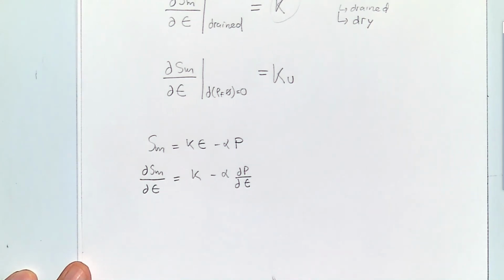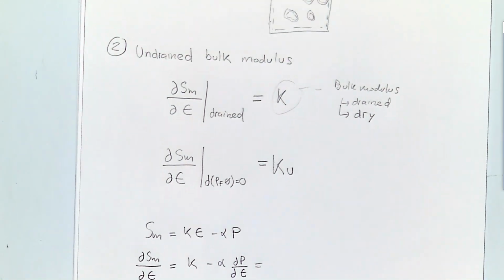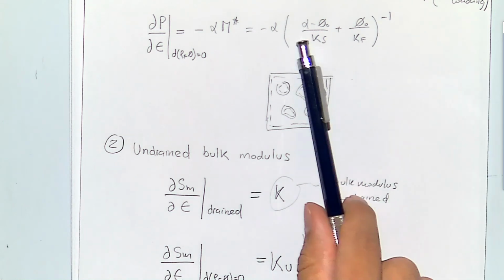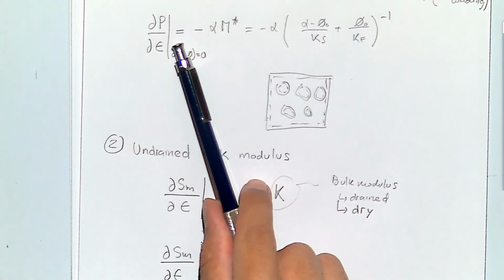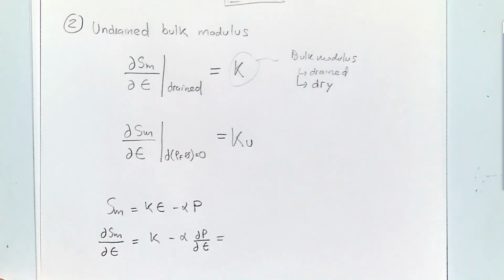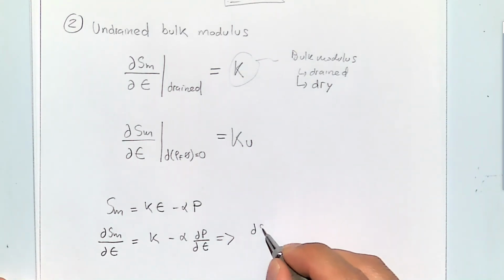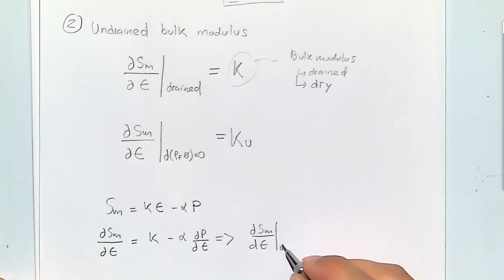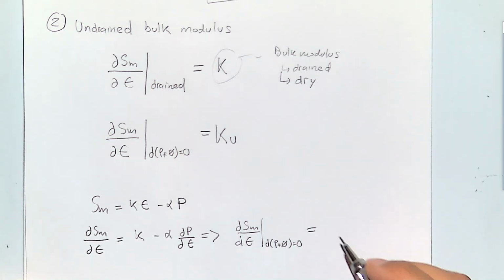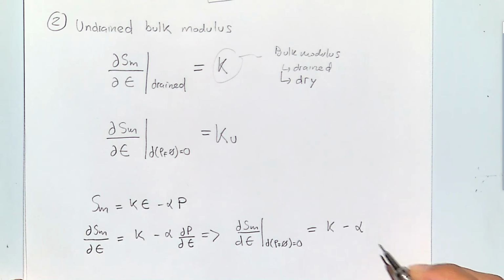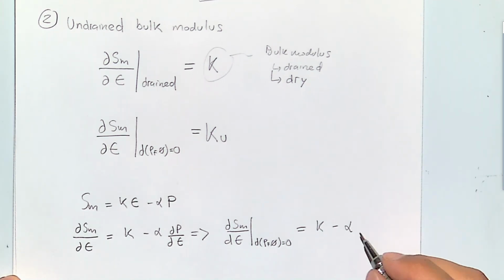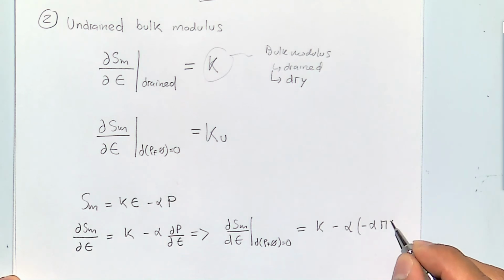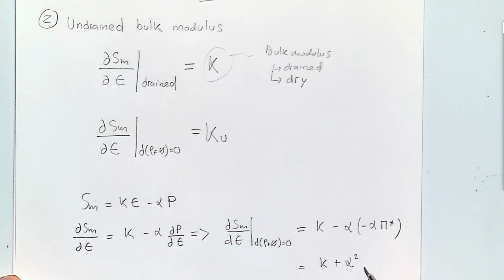But if you take a look at the equation that we have over here, it already tells me what that is under undrained conditions. So under undrained conditions, this is going to be equal to K minus alpha, and what I have over there, alpha m, and this is just equal to K plus alpha squared m.